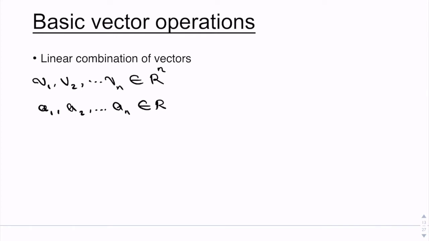Then we can have a vector v which is a linear combination of these vectors. That means we first scale each vector: a1 v1 plus a2 v2 plus all the other vectors, and lastly an vn. This is called a linear combination of vectors.